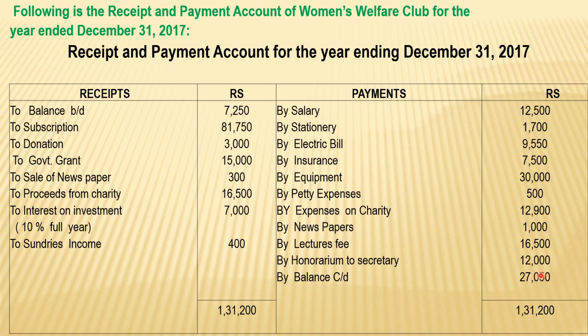Another, by balance c/d, that is closing cash balance. Another, equipment, that is only the asset. So this is actually capital nature, so there is no question of coming in income and expenditure account except the depreciation part. This will ultimately come on the balance sheet.